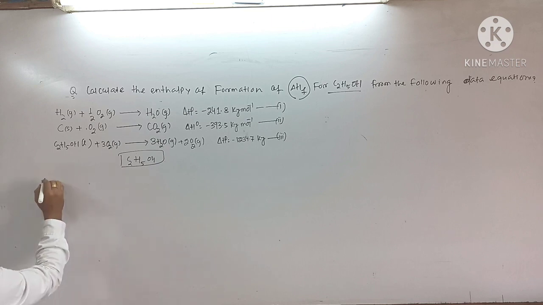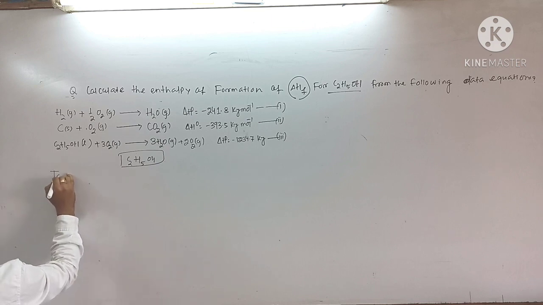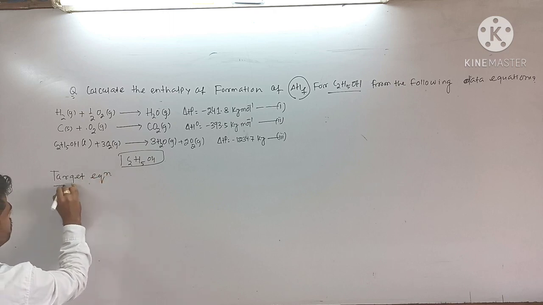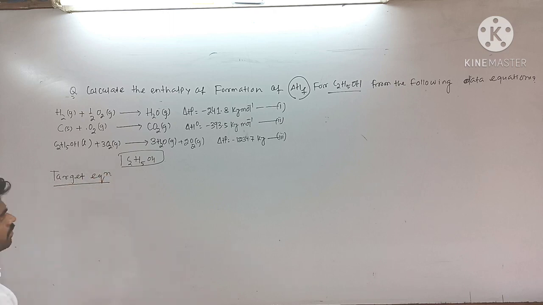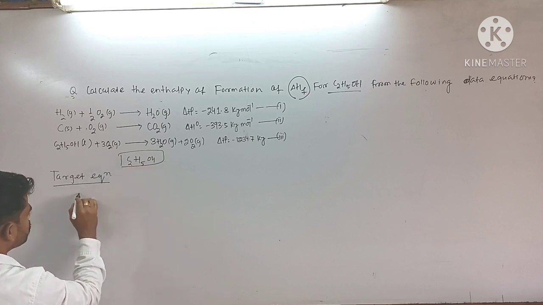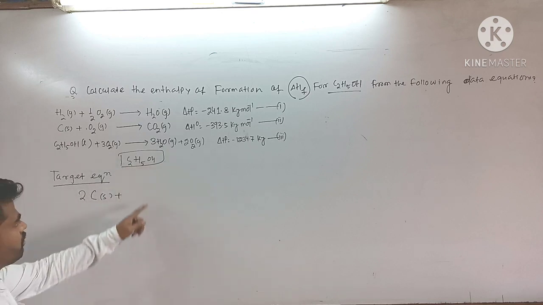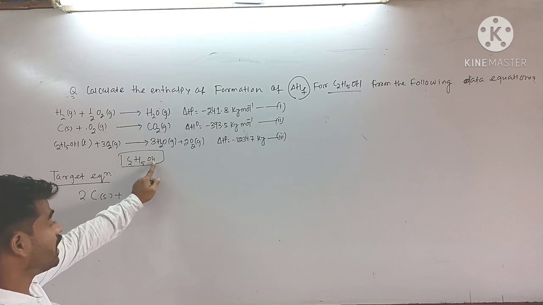So you just write down the target equation, that is the formation of ethanol. So I need 2 carbon solid plus, how many hydrogens are there? 6 hydrogen atoms are there.